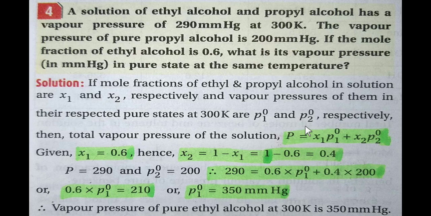So, it is very easy to calculate the vapor pressure of the solution by Raoult's law. I think you understand the problem easily. Now at the end of today's class, we see the question answer session and the homework.